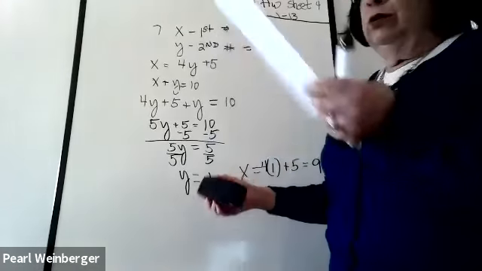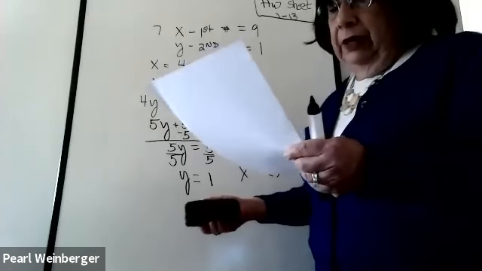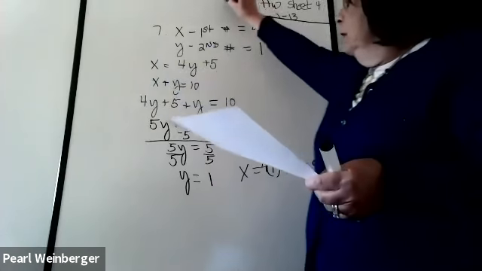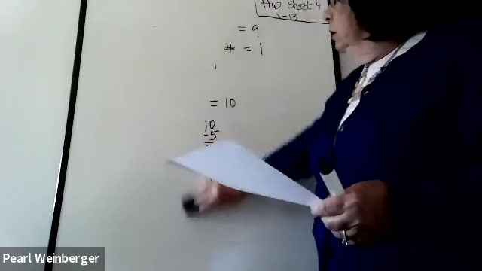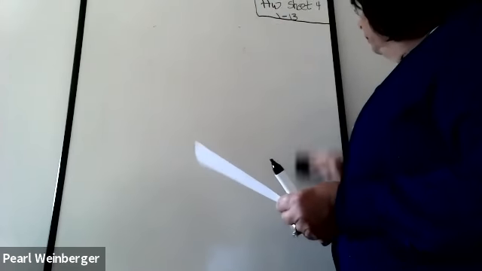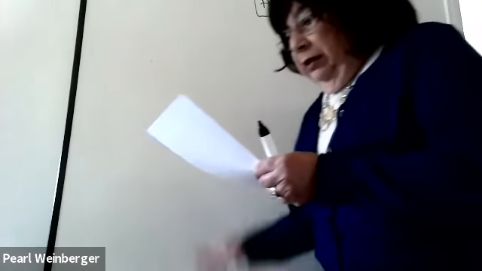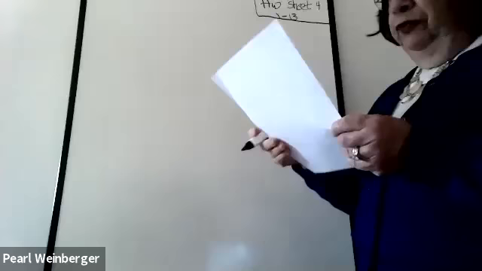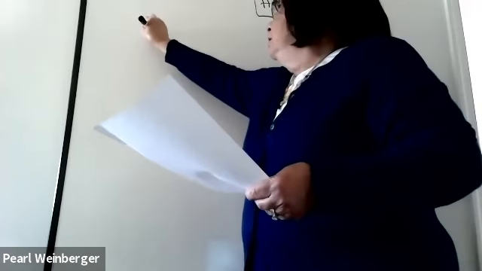So now we are looking at example number 8 on practice sheet 3. Tickets to a local movie were sold for $5 for adult tickets.